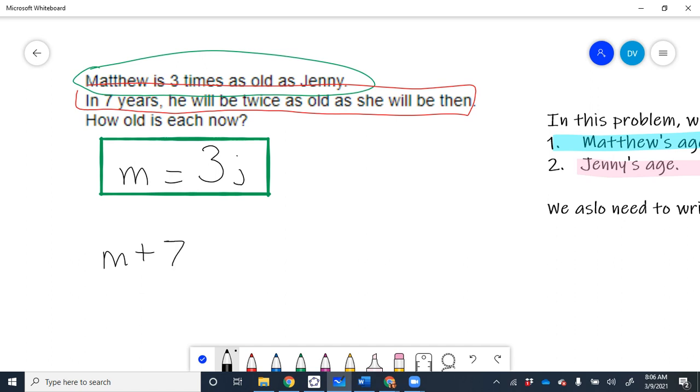And I think I'm going to write that on the bottom in a minute. And I'm going to put an equal sign here, even though they're not equals just yet. Jenny's age in 7 years will be J plus 7. Now, they're not equal, but it says that in 7 years, let me just write that there. This is Matthew's age in 7 years.